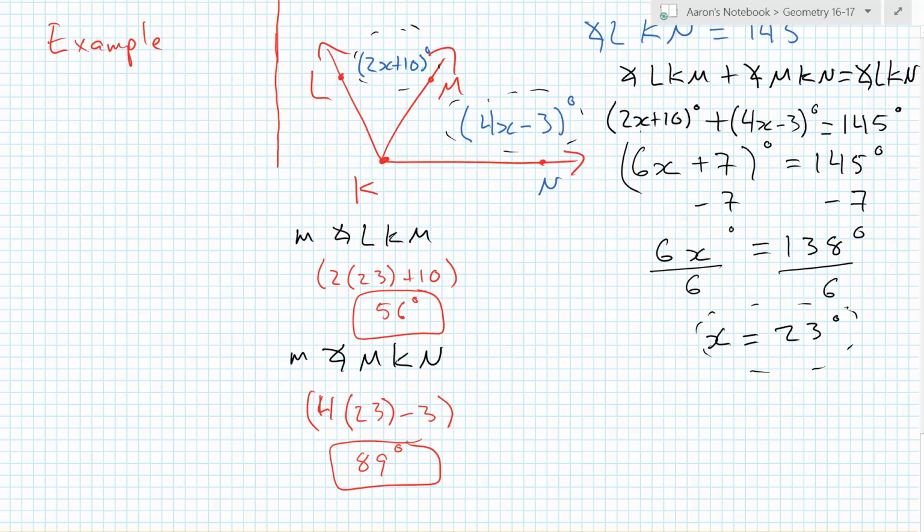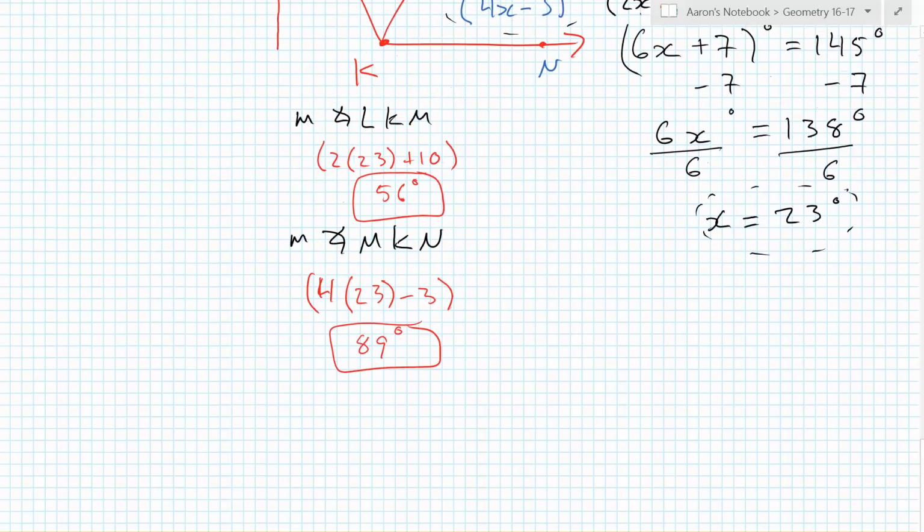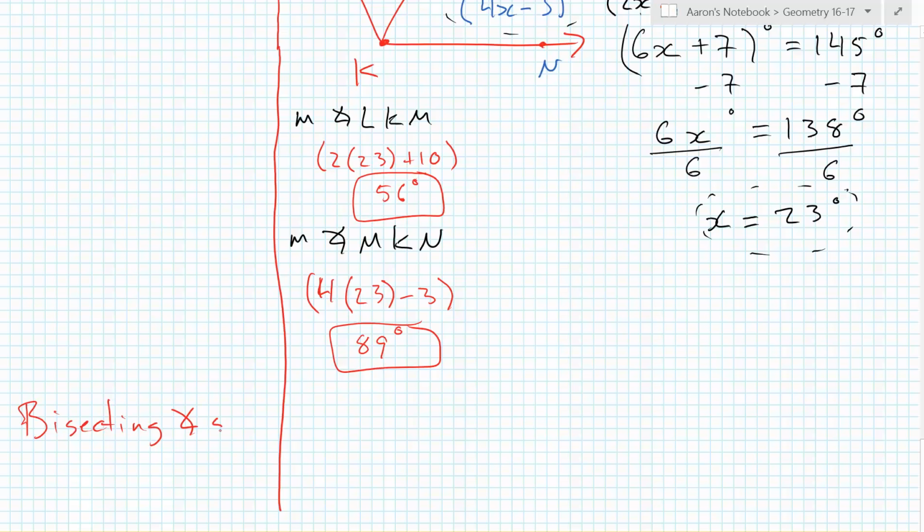Now, the last thing that is in your book for this section is bisecting angles. Bisecting angles really is an art form with a protractor. There are a total of 3 steps to doing it.